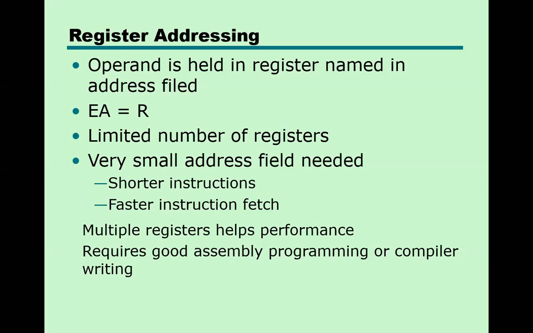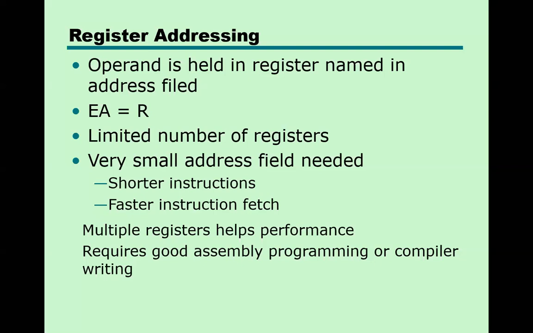But we should know the registers are faster than memory. So even though there is a limited number of registers, as per our program we can use this register addressing. As the registers are small in size, there is a limited number of addresses, and a very small address field is required.